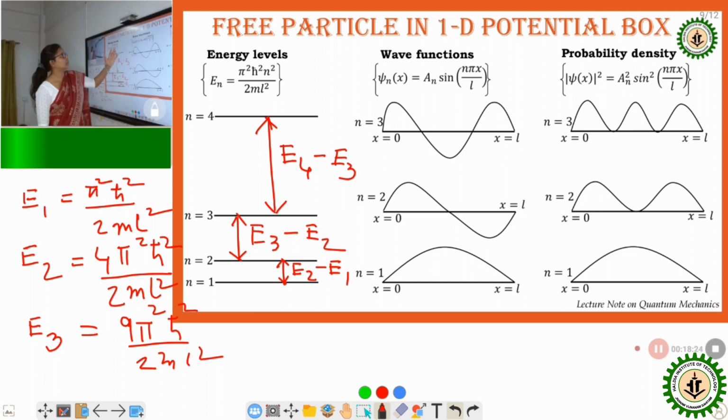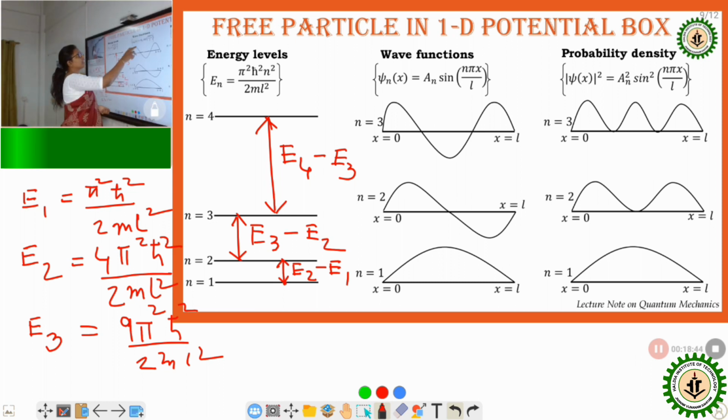Okay, now come to the wave function. How you can draw the wave functions for each value of n. Now see, this is the wave function, a n sine n pi x by l, for the particle in a one dimensional box.